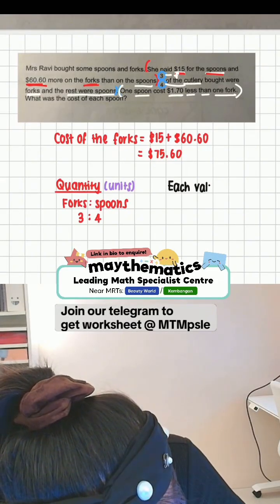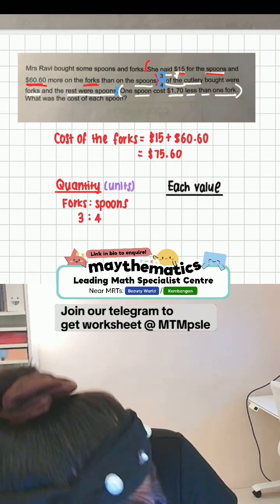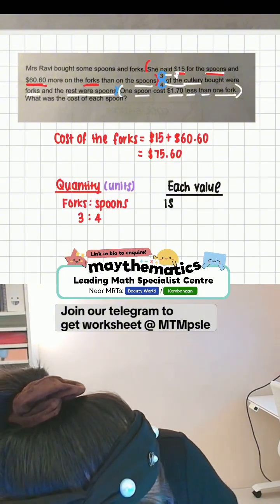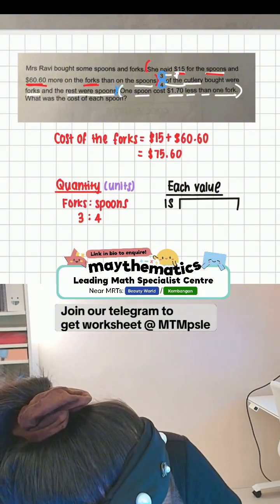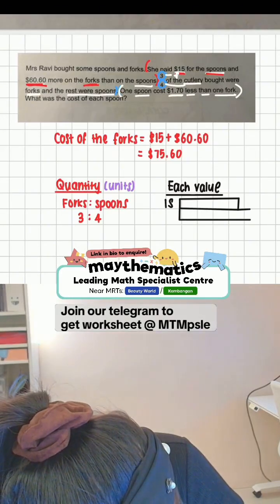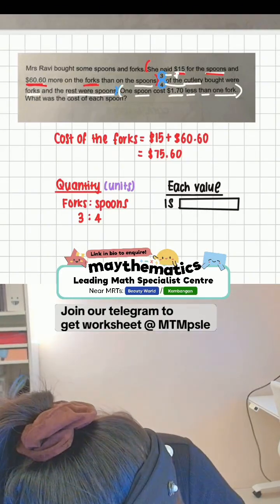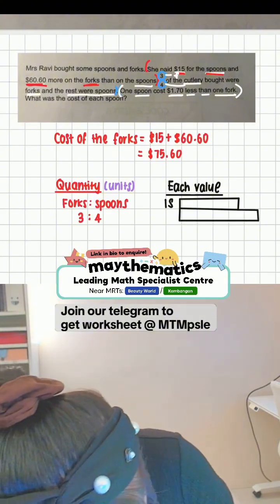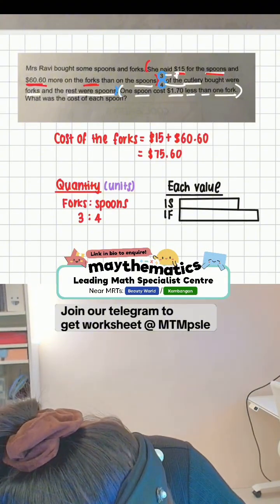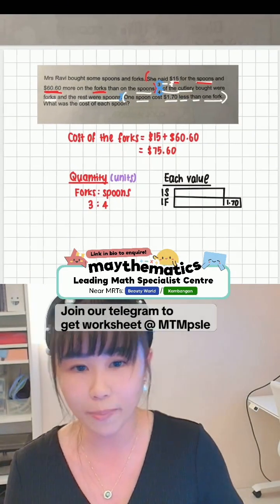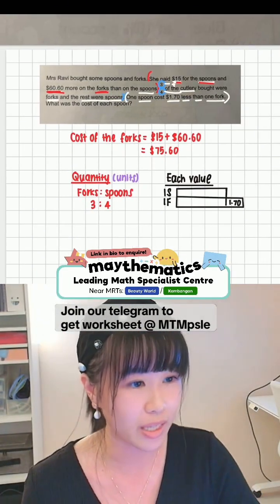You must understand the question first. 1 spoon costs 170 less than 1 fork, which means your 1 fork must cost 170 more than 1 spoon. Can you understand my model?